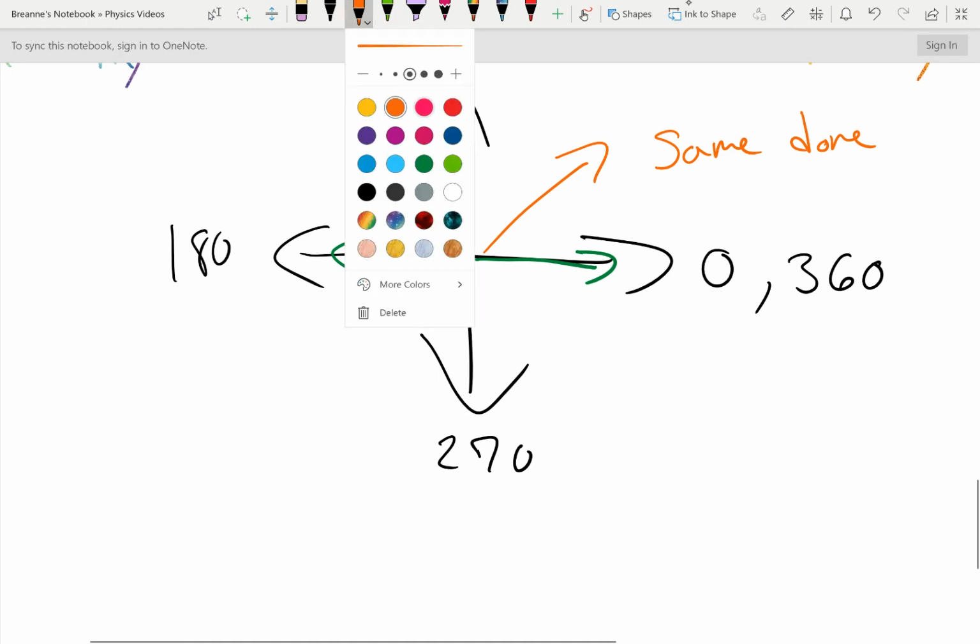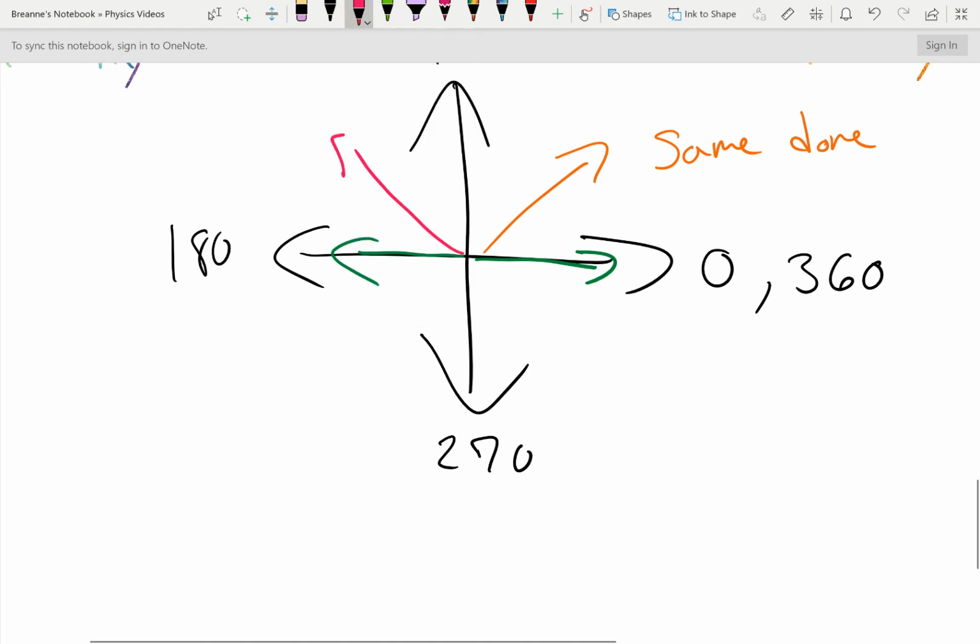If you're going northwest, this would end up being your angle there, you would have to subtract your theta from 180. If you're going down here, you would add 180 to your theta.